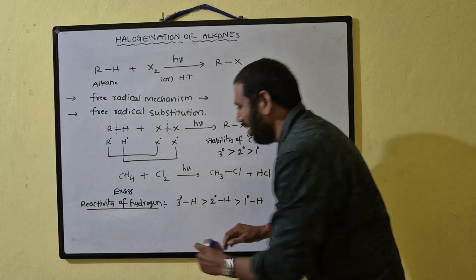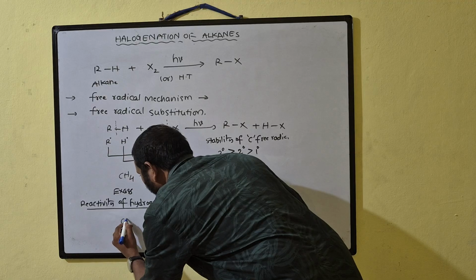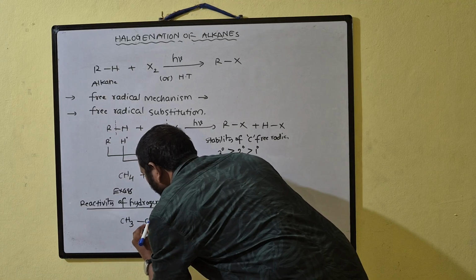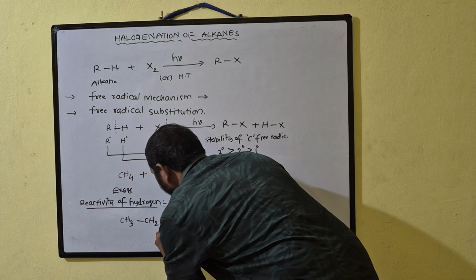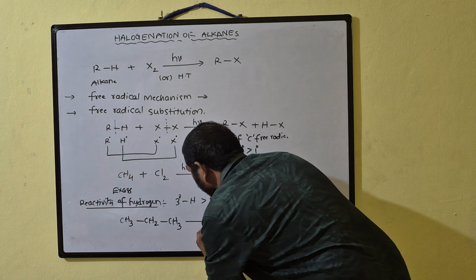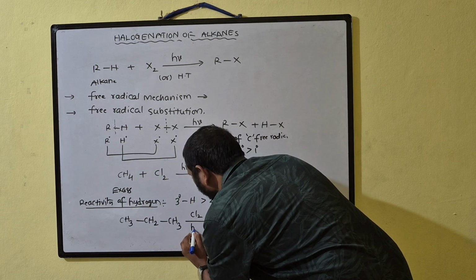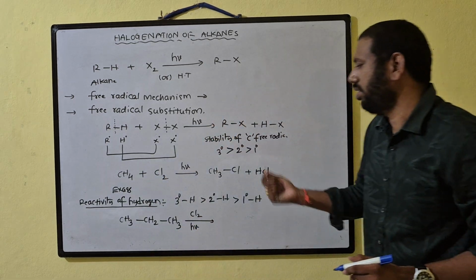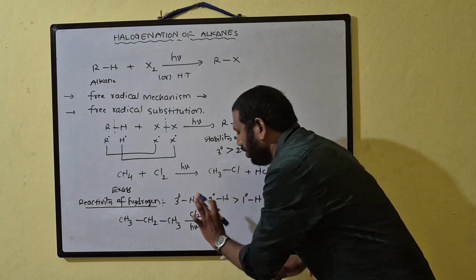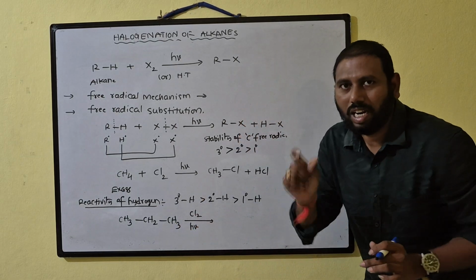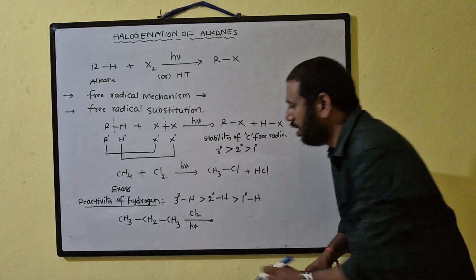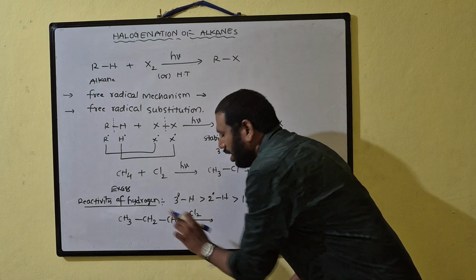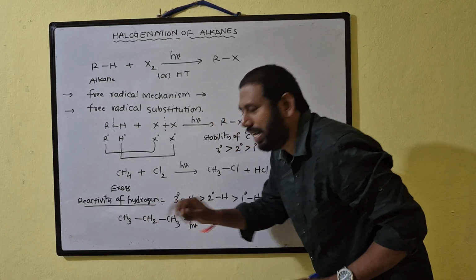I have taken one example: CH3CH2CH3, when treated with chlorine in presence of sunlight. Here, the chlorine substitution takes place at which carbon? It contains 1 degree carbon, 2 degree carbon, 1 degree hydrogens, 2 degree hydrogens.